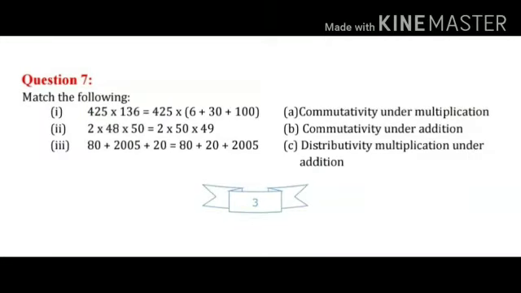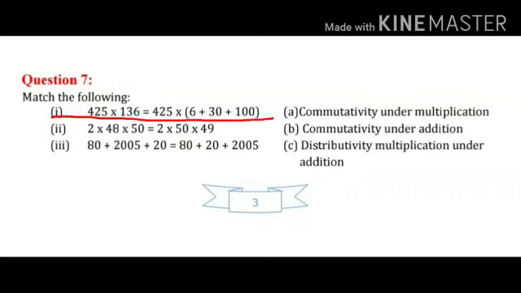Here we have question number 7. Match the following. In parts A, B and C we have commutative under multiplication, commutative under addition, and in part C we have distributive multiplication under addition. In our first part we have 425 into 136 is equal to 425 into (6 plus 30 plus 100).